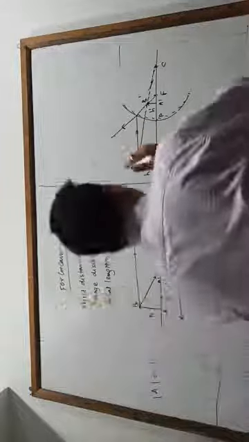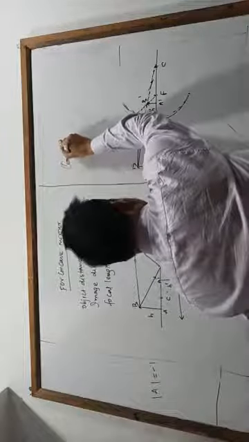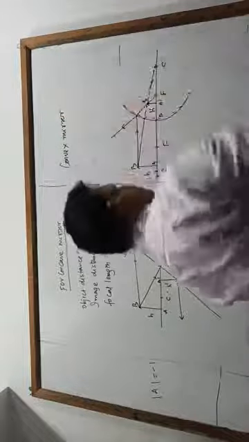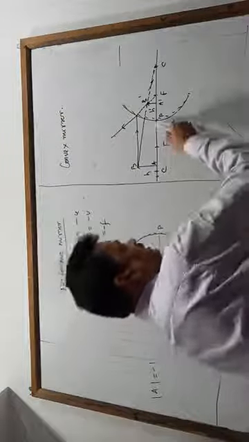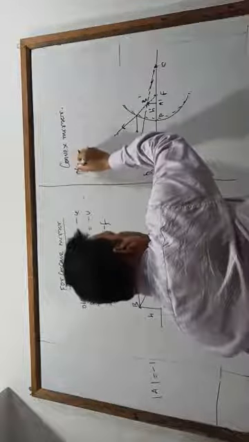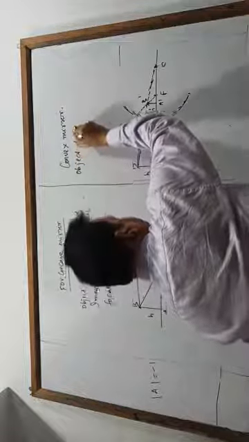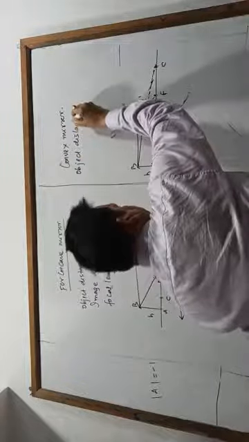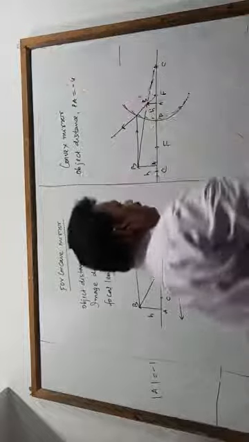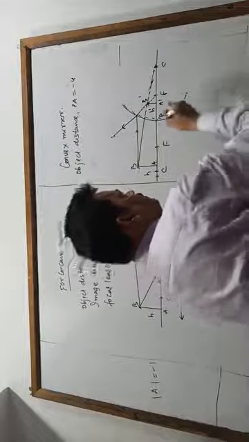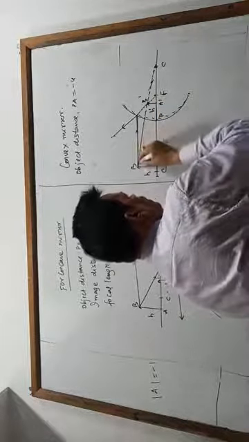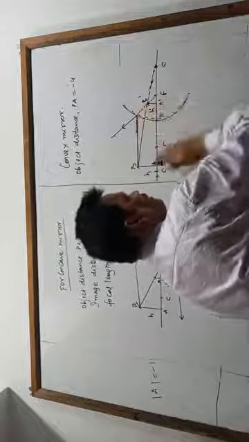Similarly, for convex mirror, object is here, PA, object distance PA, that is minus U, but its image is, what is image? PA dash is in the direction of ray, PA dash same direction.